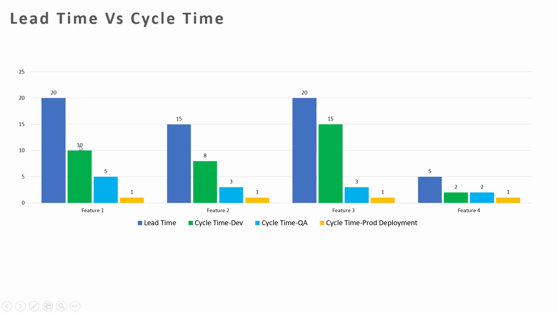For example, here lead time is 20 days. Development is 10 days, 5 days, 1 day. How much is the total? 10 plus 5 plus 1 is only 16 days of effort. But where did the 4 days go? The 4 days are lost, due to multiple reasons. Maybe after the work is assigned, development is not picked up immediately because the resource is not available. Maybe the resource does not have the skill set.